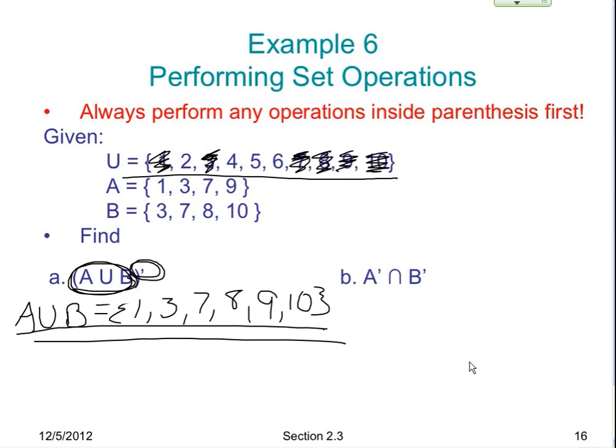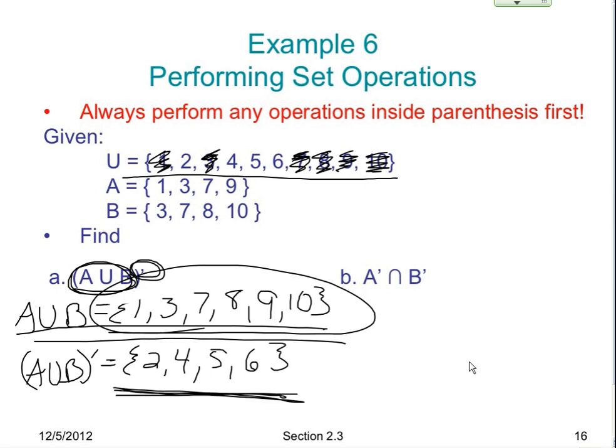So we have 2, 4, 5, and 6. None of these are in the union. So A union B complement would be 2, 4, 5, and 6.